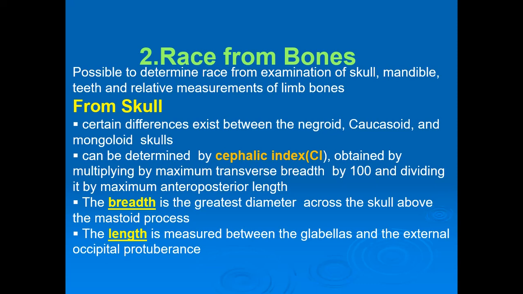There is a term or a formula which is called the cephalic index of skull. This is obtained by multiplying the maximum transverse breadth of skull by 100 and dividing it by the maximum anteroposterior length of skull.